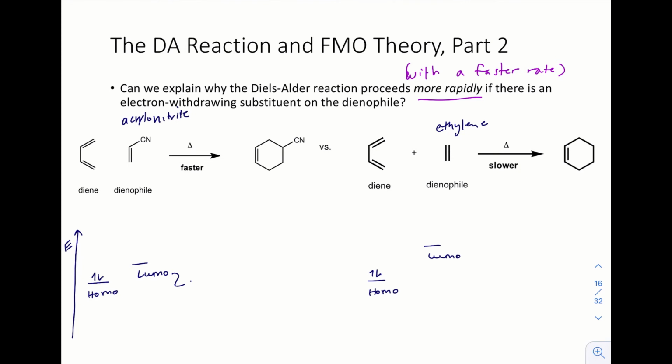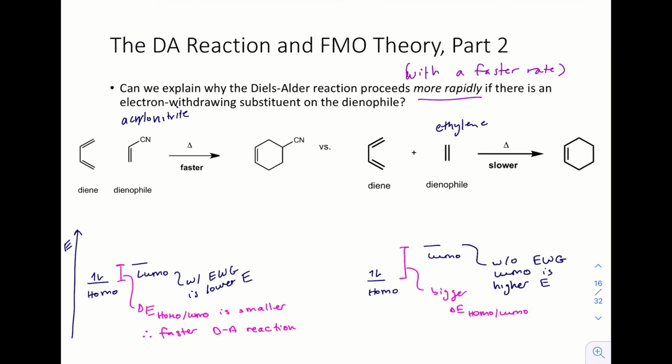However, the LUMO of the dienophile, when there is an electron withdrawing group, is lower energy than when there is not an electron withdrawing group. Thus, the difference in energy between the HOMO and LUMO of the diene and the dienophile is smaller, resulting in a faster reaction between the diene and acrylonitrile versus the diene and ethylene.